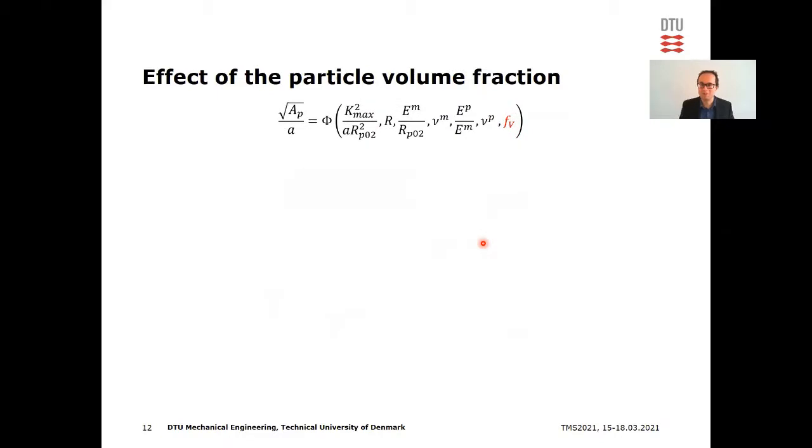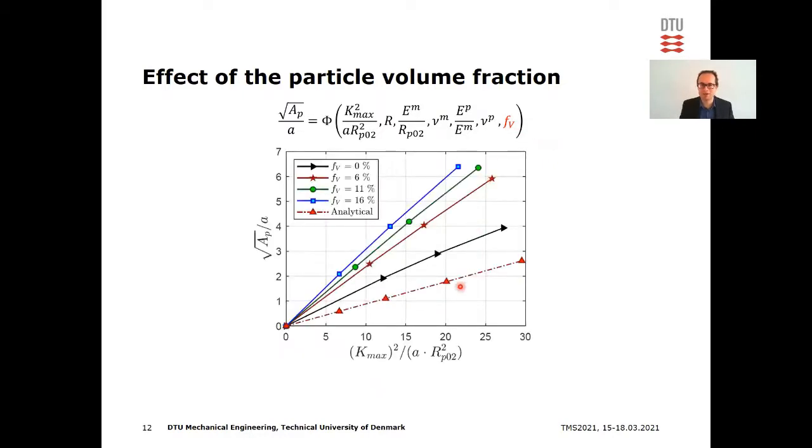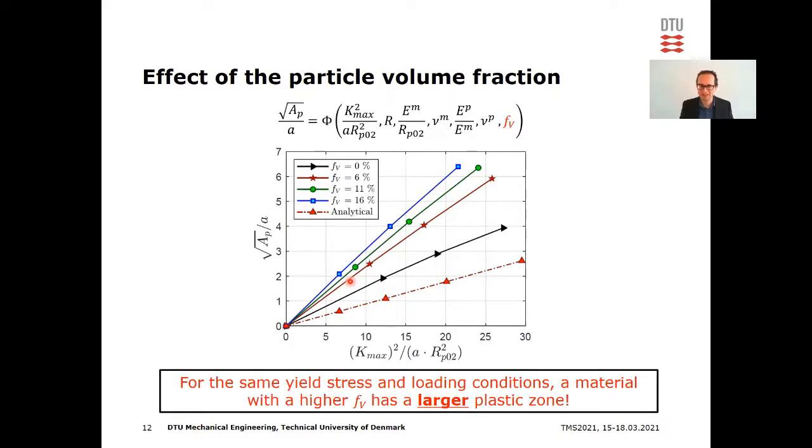But what is most interesting, I would say, is that when I start playing around with the particle volume fraction, then I see that the larger the particle volume fraction, the steeper these curves become. And this is something quite interesting, which actually means that if I take two materials with the same yield stress and I load them in exactly the same way, then the material with the higher volume fraction also has a larger plastic zone size.